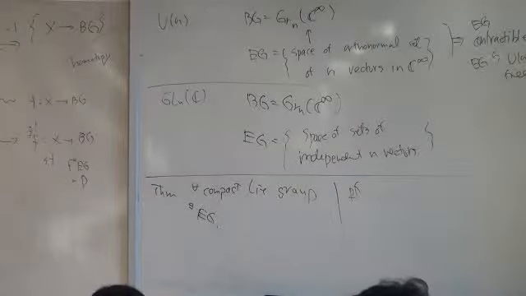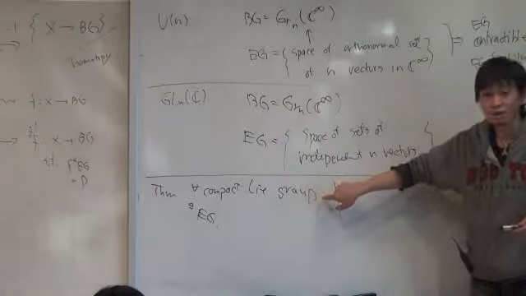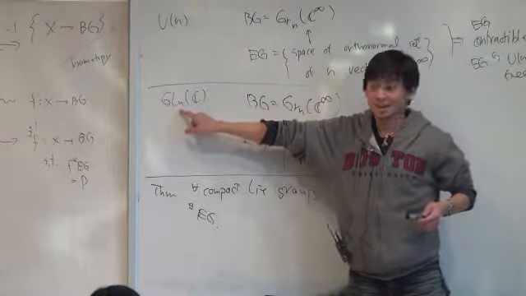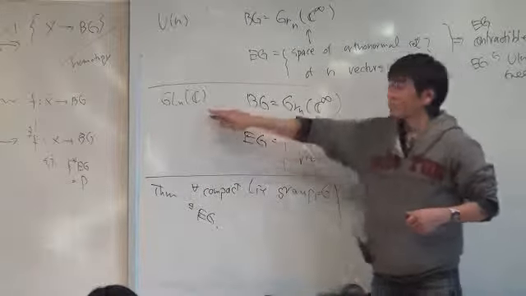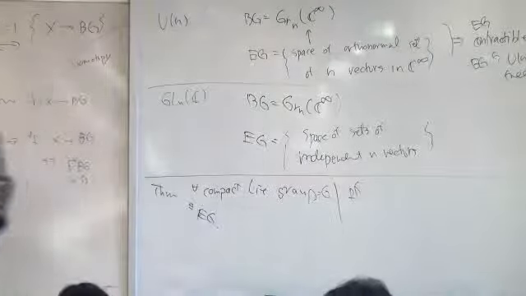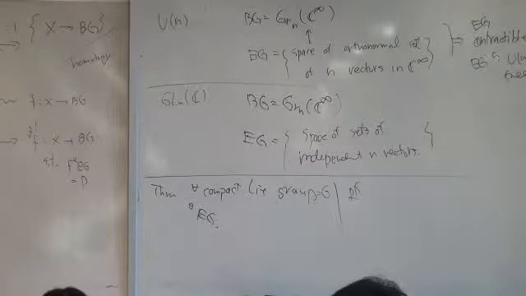A compact Lie group is actually a closed subgroup of GLN of C. Any compact Lie group G is a subgroup of GLN. So we are looking for a weakly contractible space where the group acts freely.